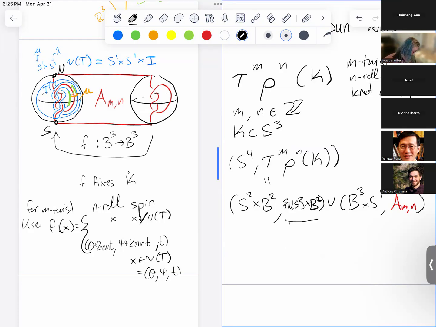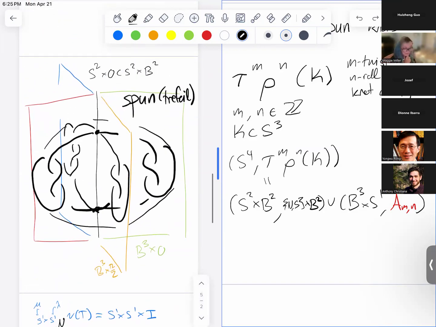Two circles here, and I get a two-sphere sitting inside of S4. And it depended on both of those integers and also the choice of classical knot that I used. So it's quite a bit harder to draw this kind of picture of the twist roll spun knots.